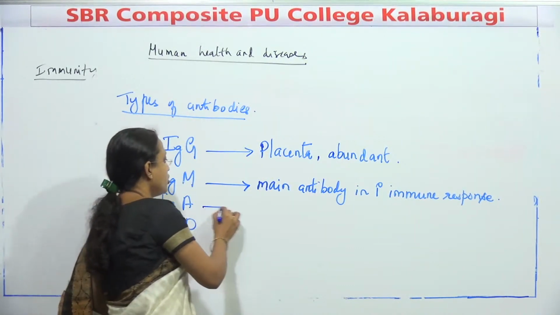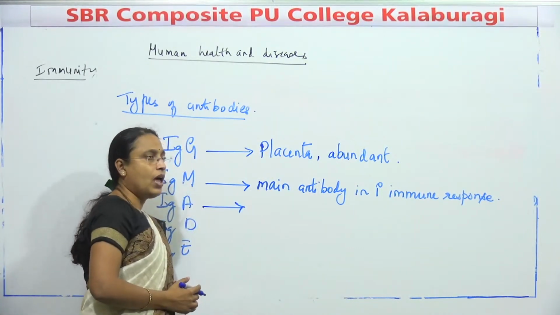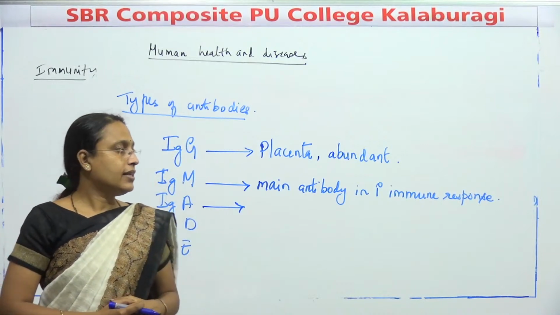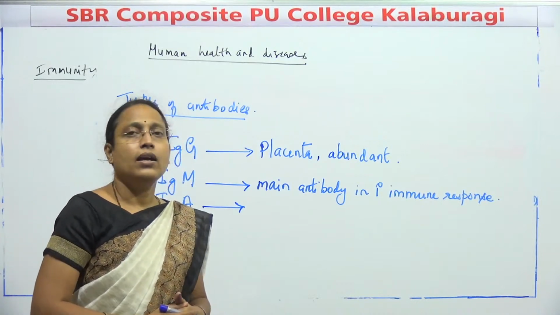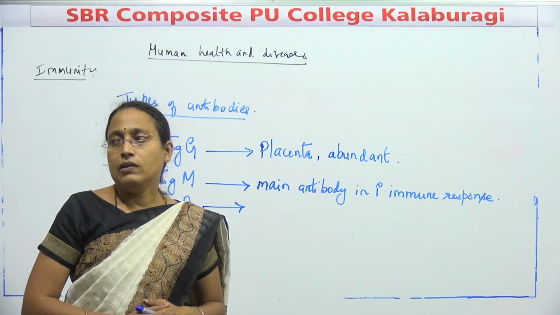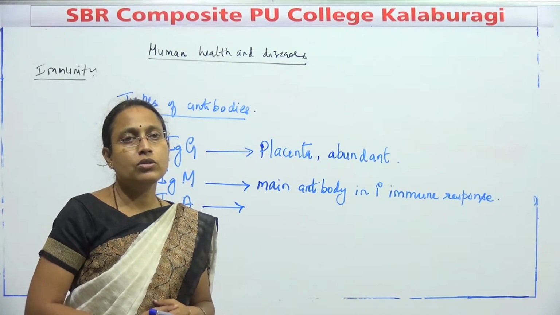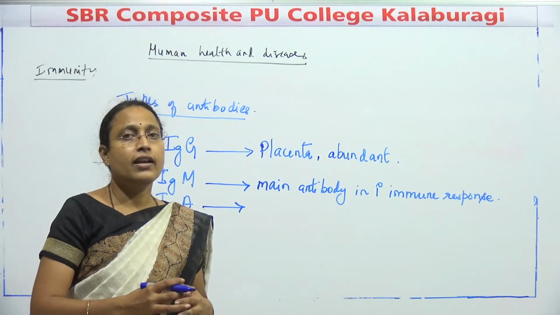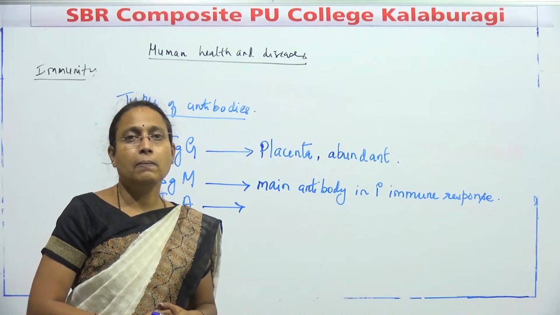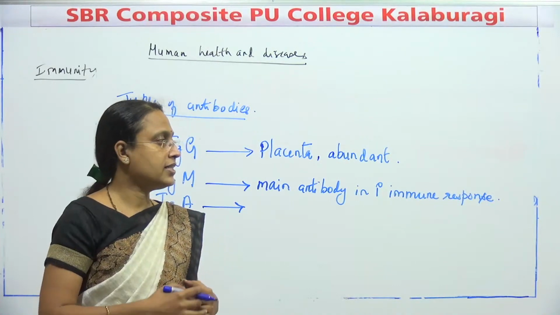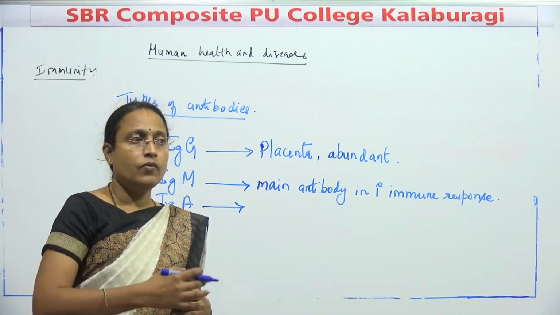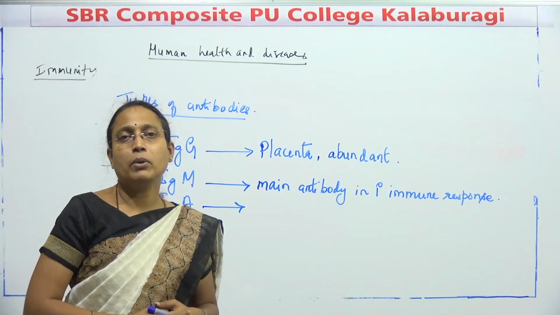Now next is IgA. This antibody is specially found in the milk produced within the initial few days after parturition. Once the delivery occurs, within a few days a yellowish milk is produced by the mother.